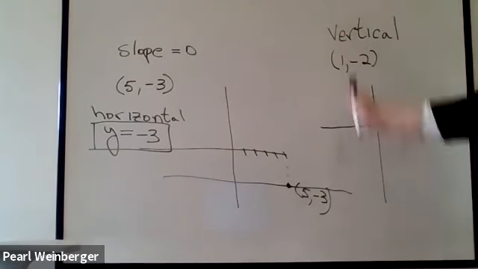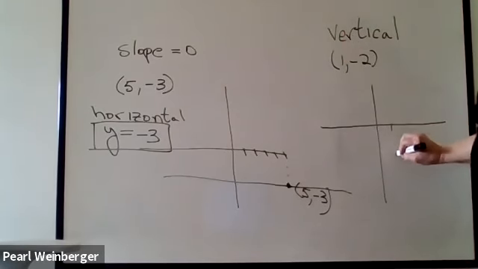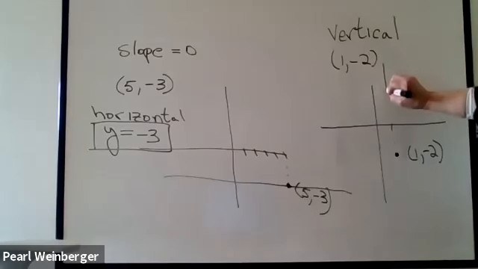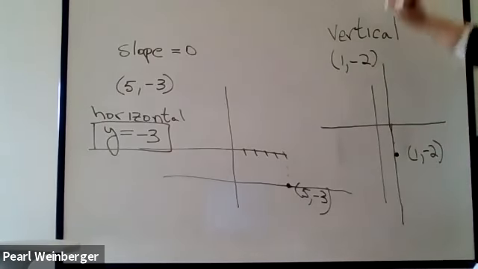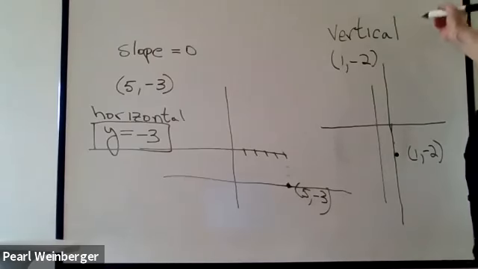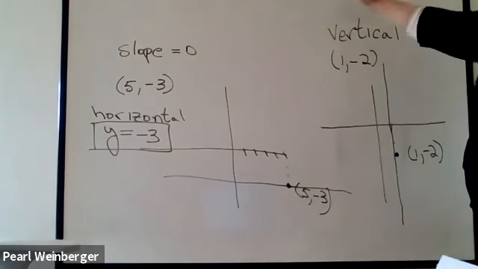A vertical line is a line that goes straight up and down. So here's the point 1, -2. Here's that vertical line. Goes straight up and down. By the way, if it's vertical, the slope is undefined.